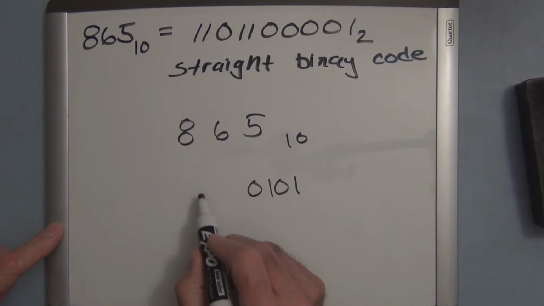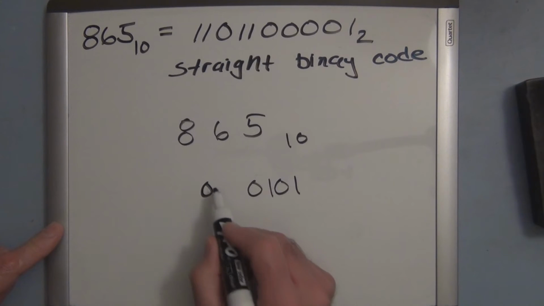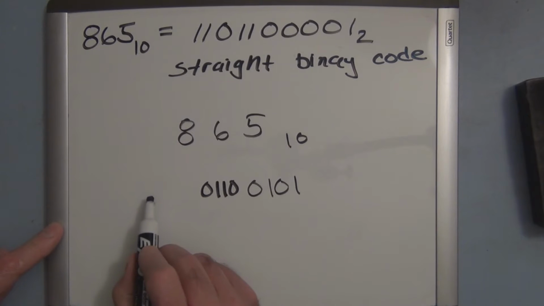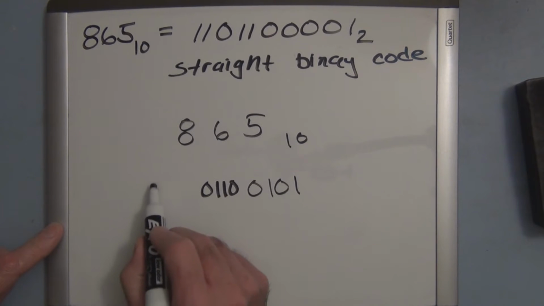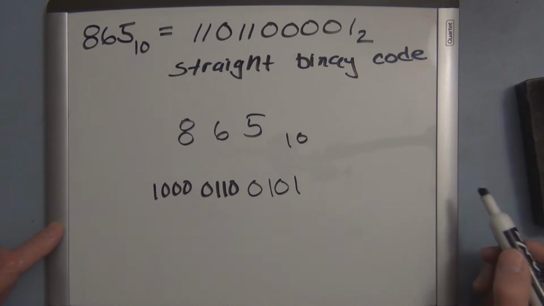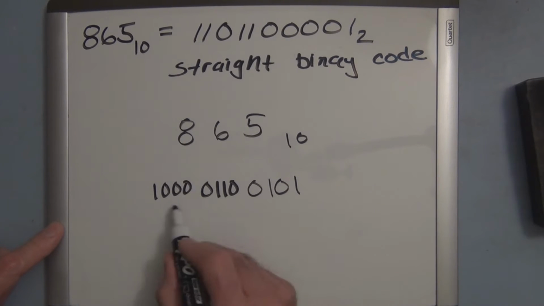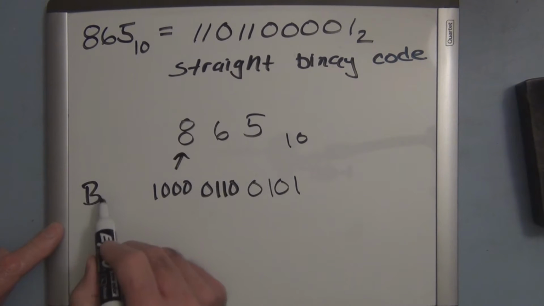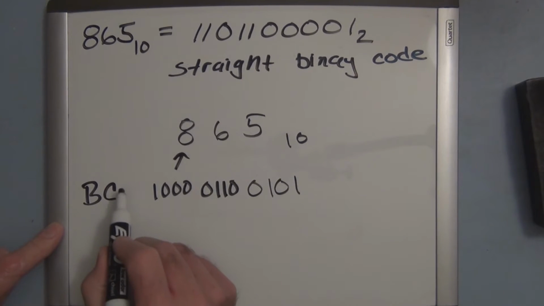The 6 would be 0, 1, 1, 0. And the 8 would be 1, 0, 0, 0. This is the binary coded decimal form of that decimal number.